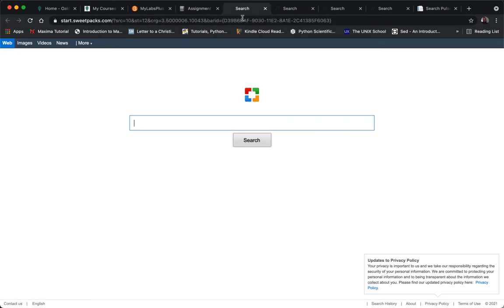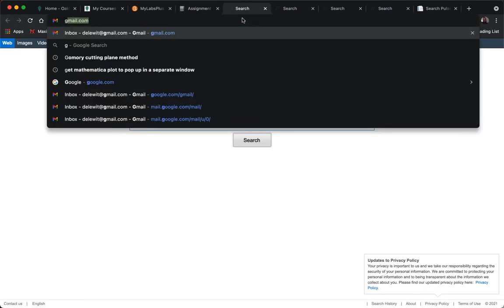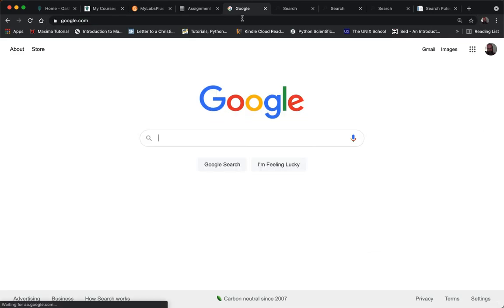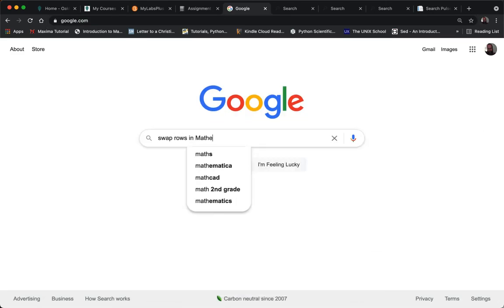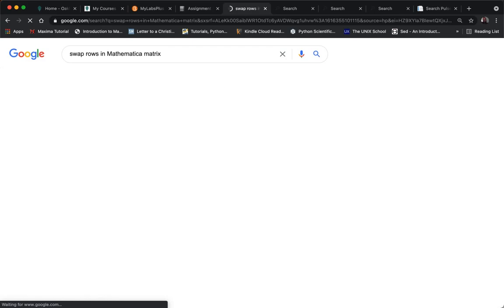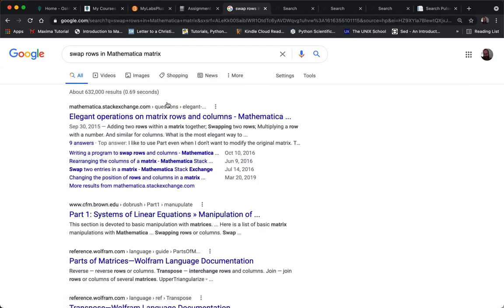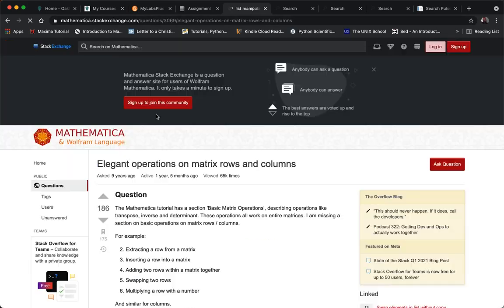Okay, so let's go to Google. Swap rows in Mathematica matrix. It's really easy.